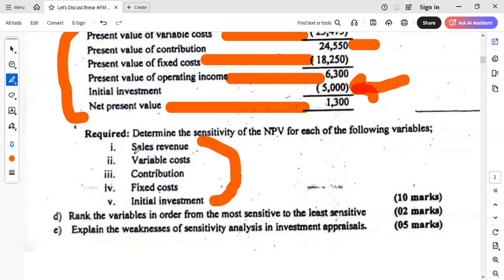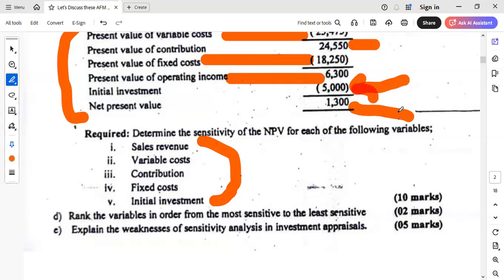How sensitive is that variable to NPV? Sensitive in a way that any slight mistake, your NPV can change. For example, here you have NPV which is positive.